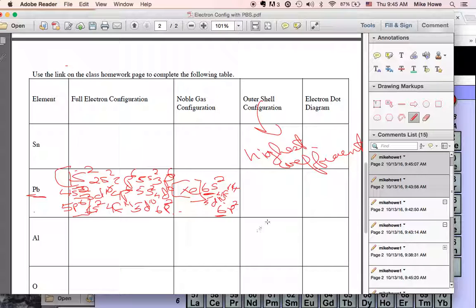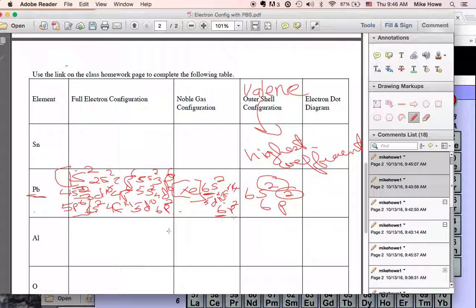Well, what is a coefficient? Coefficient is the number in front. So 6 is the biggest number in front. So you'd have 6s2 and 6p2. That's the outer shell. So how many electrons are in the outer shell? Looks like 2 in the 6s and 2 in the 6p. In other words, for outer shell, I'll be using valence, the valence shell.